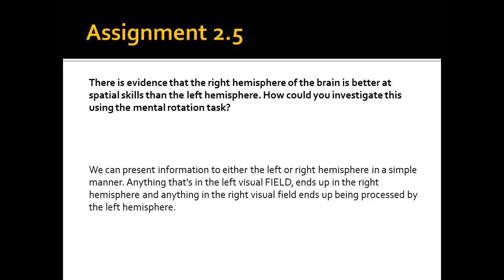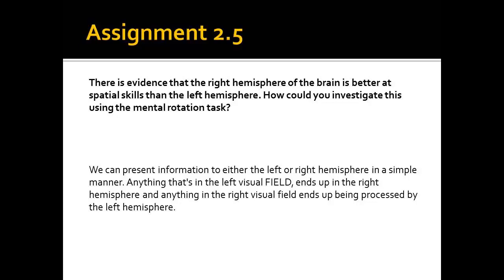In other words, we have to hijack the observable measure of response times and set up an experiment that allows us to make inferences about what goes on in the black box of the mind, or in this case, the brain's hemispheres.